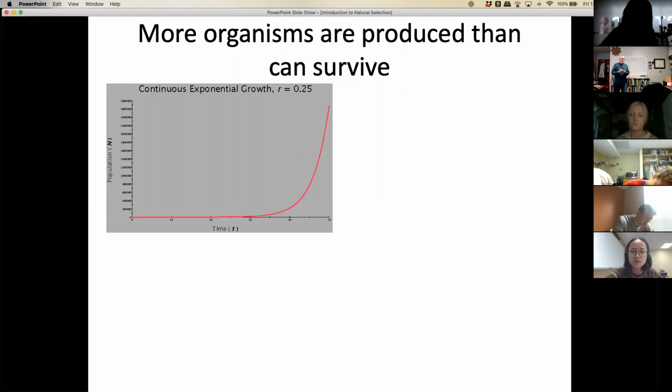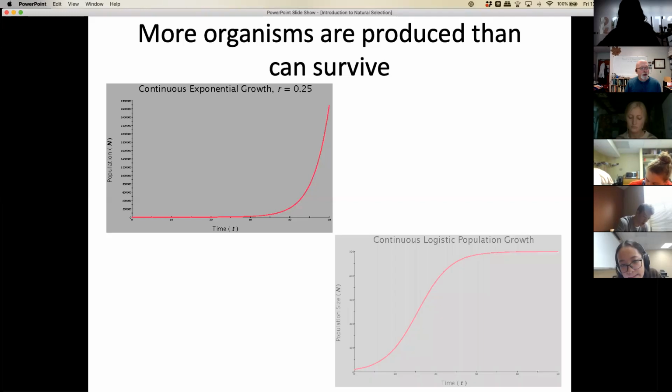So the first of these is that more organisms are produced than can survive. And next week, Dr. Judd is going to be talking to you about population growth, but it's this idea that oftentimes populations tend to grow exponentially, and you can't have populations growing exponentially forever. And so organisms tend to produce more offspring than can survive.